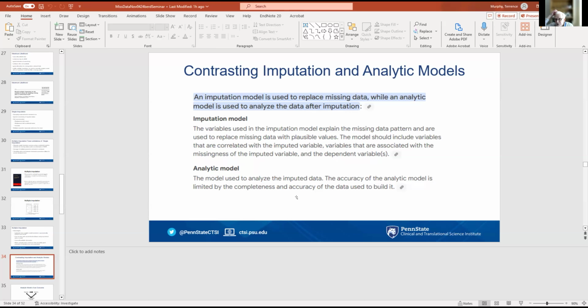Just to give you an example of what this means, if your final analytic model has an interaction in it, then you'd best have that interaction as part of your imputation model. Otherwise, the data generated by this imputation model is not complex enough to accurately represent what's going on in the interaction that you use in your analytic model.